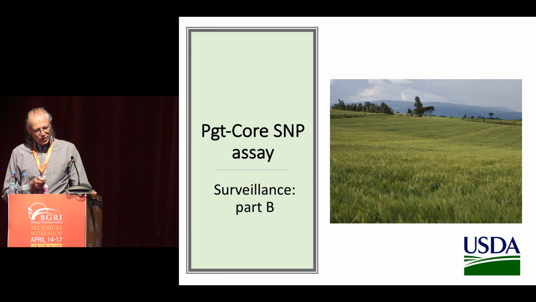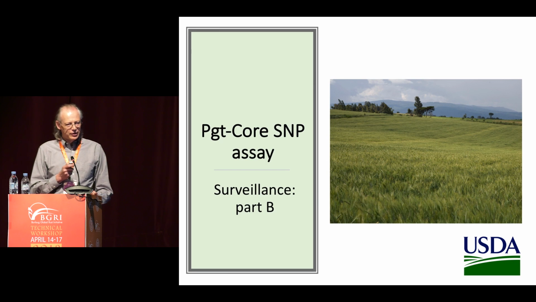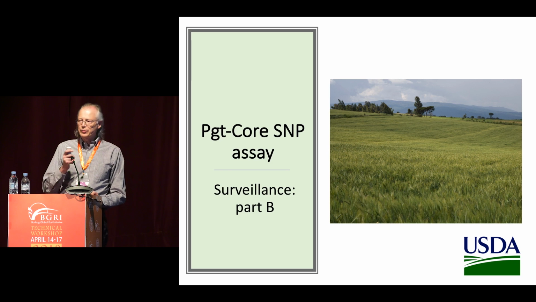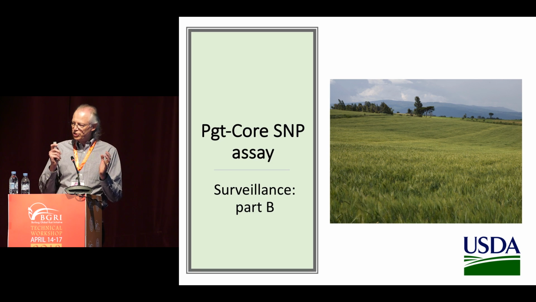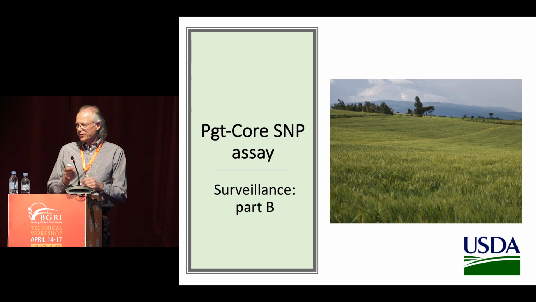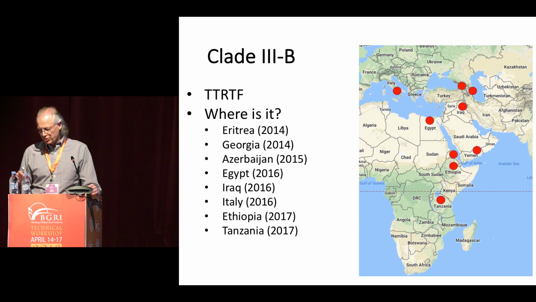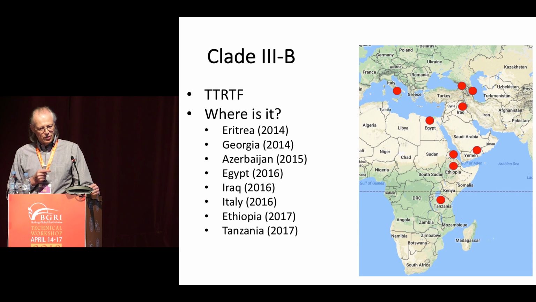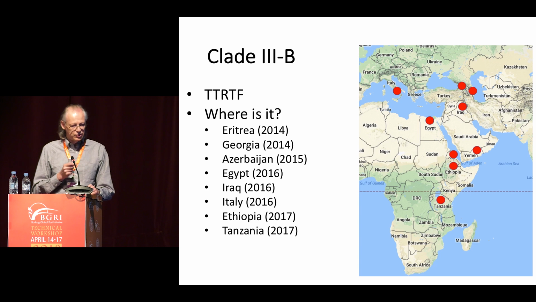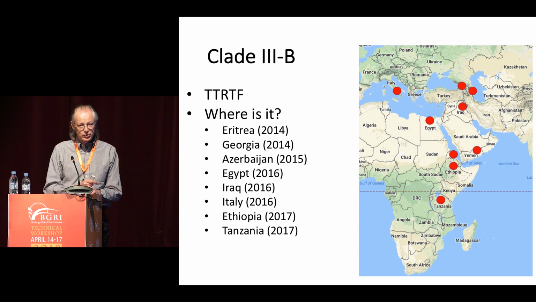So I want to move on and give a little bit of a blown up geographical perspective for two of the characters we just talked about. The first one is clade 3b. This race, TTRTF, was first observed in Georgia in 2014.